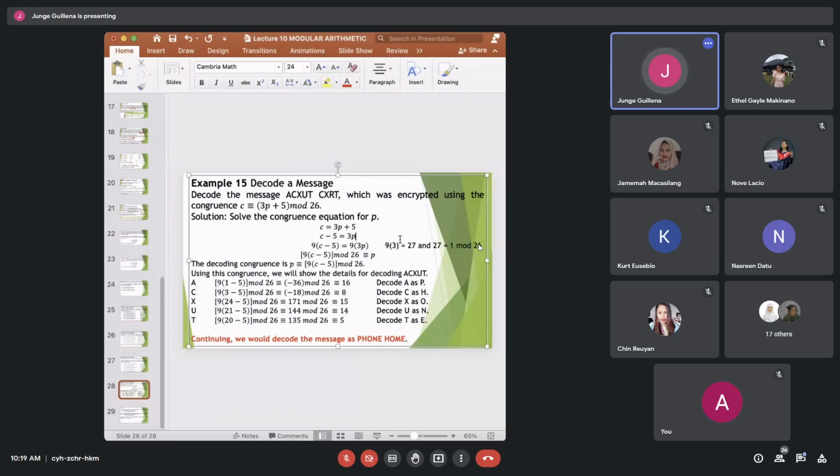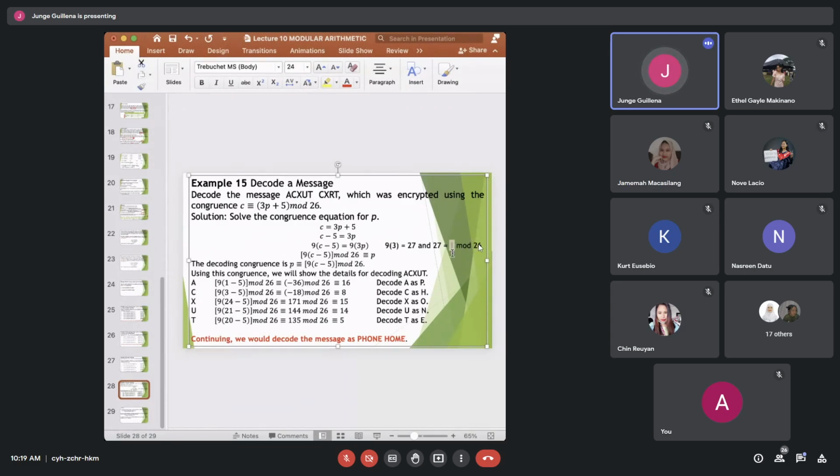So how to do that? Again, we will use the idea of multiplicative inverse. You multiply 3 by a number, in this case, 9. So 9 times 3 is 27. 27 divided by 26, if you do that manually with your paper and ball pen, the remainder is 1.